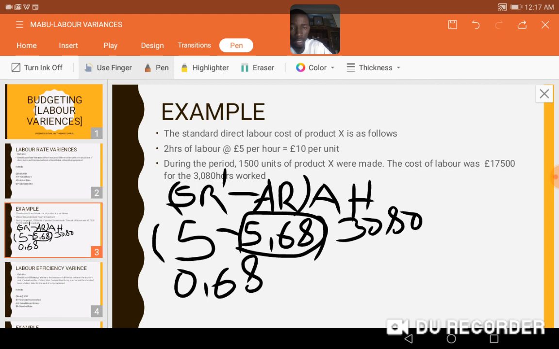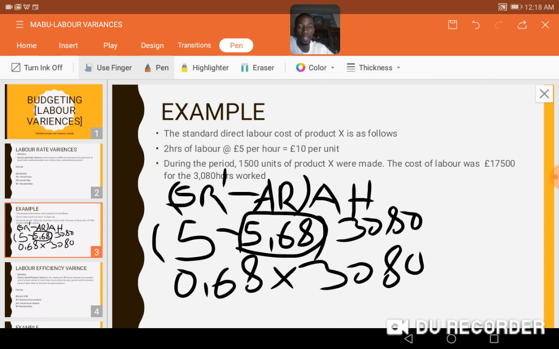It is 0.68 and so on. You write it the way it is, you punch it in the calculator the way it is, then you multiply by 3080. You only round the final answer, okay?